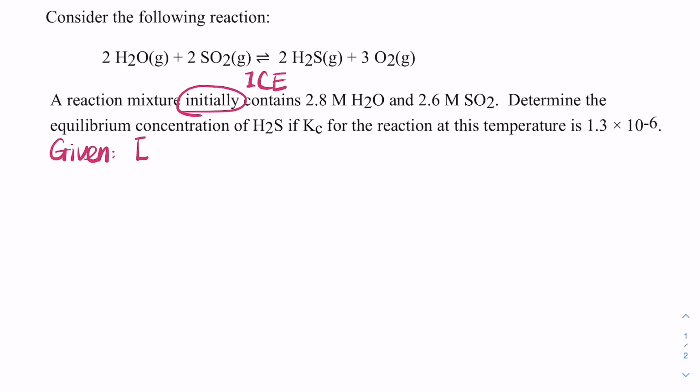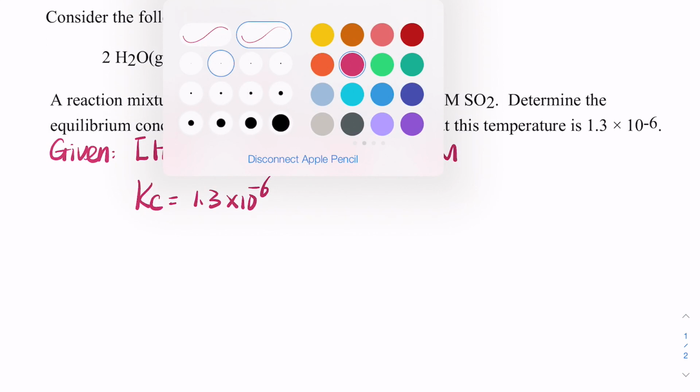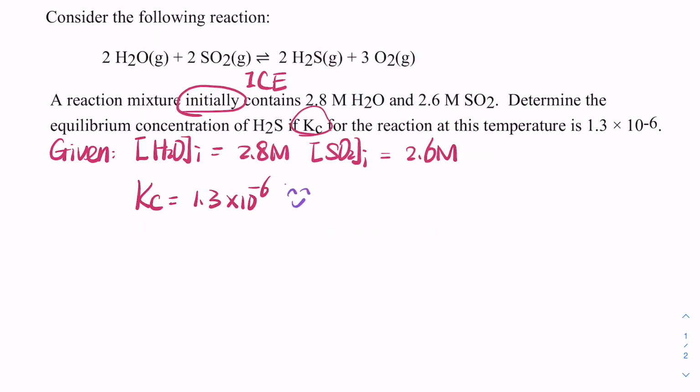You have the initial concentration of water, which is 2.8. You also have the initial concentration of SO2, which is 2.6. And then you have a Kc value of 1.3 times 10 to the negative 6. You go, that sounds good, I should be happy about this.